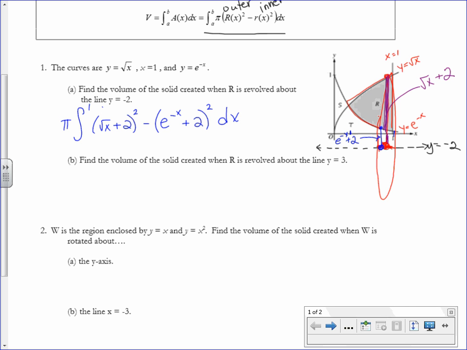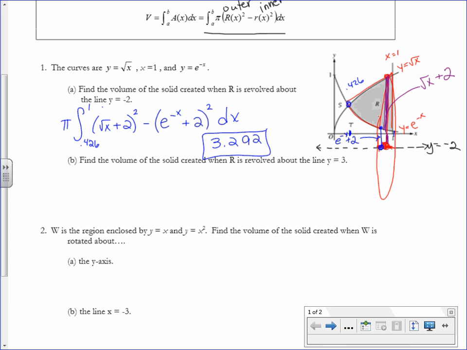And then trust me on this, if you went through and found where these two curves intersect, this point right here has an x value of 0.426. So this is going to be 0.426 here. Throw it into your calculator, and you should get an answer of 3.292.